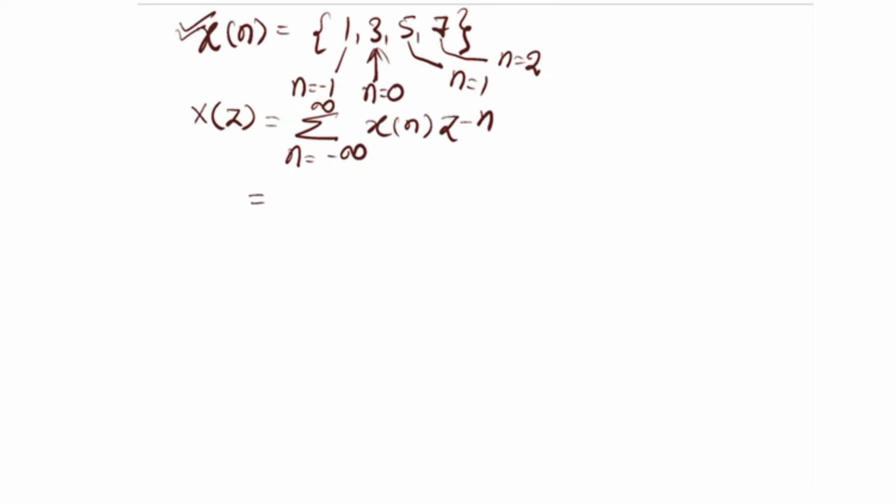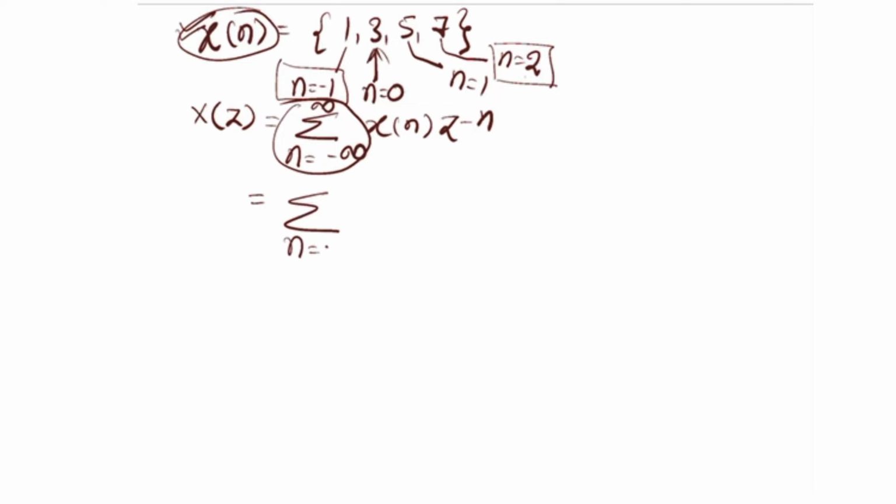Now in this x[n] signal, we can see that n ranges from minus 1 to 2. So now we will change the limit of this summation from minus 1 to 2. The rest is x[n] z to the power minus n.